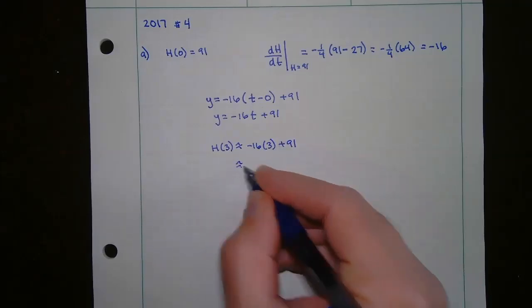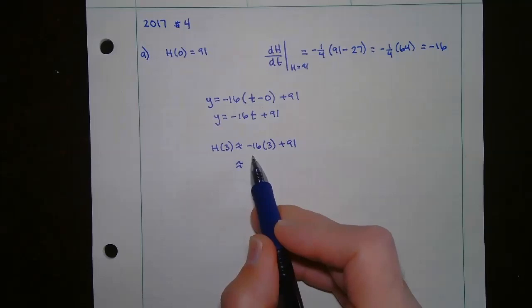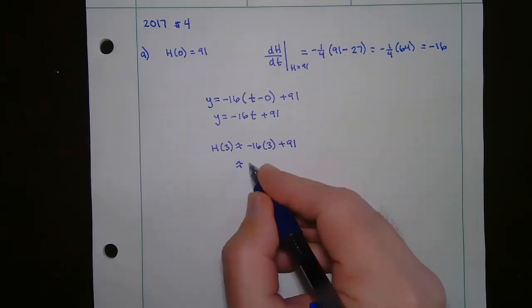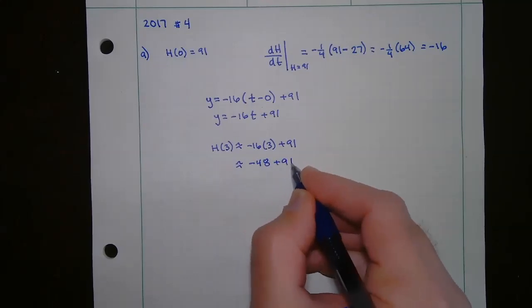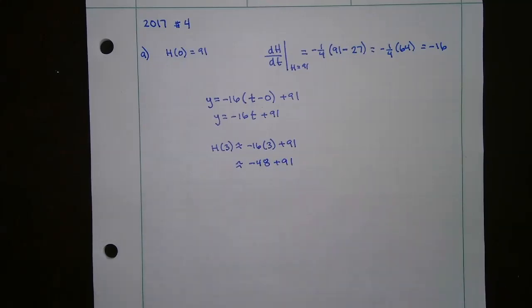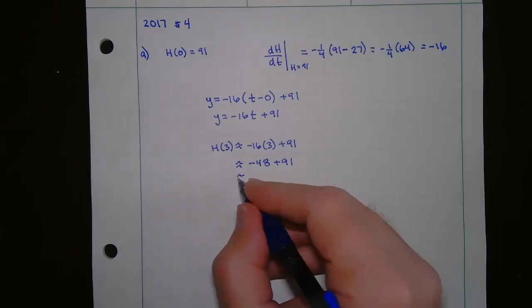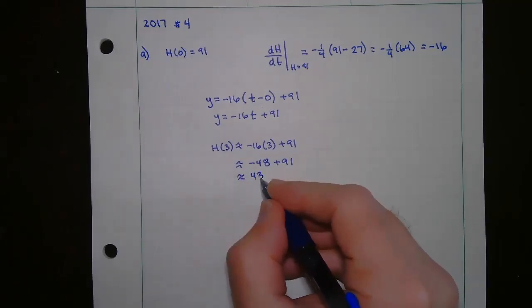Okay, so that'd be negative 48 plus 91. Okay, and then negative 48 plus 91 is 43.